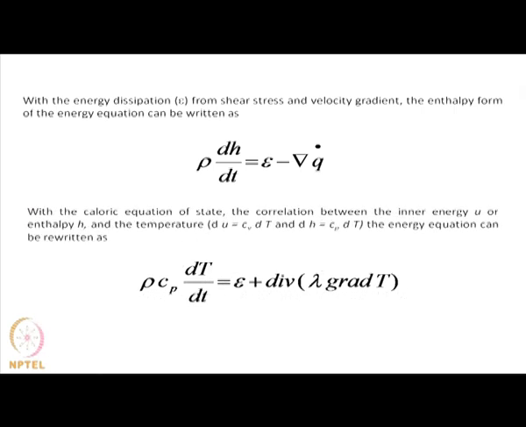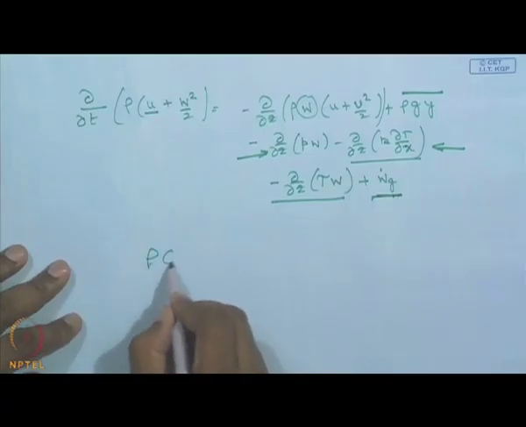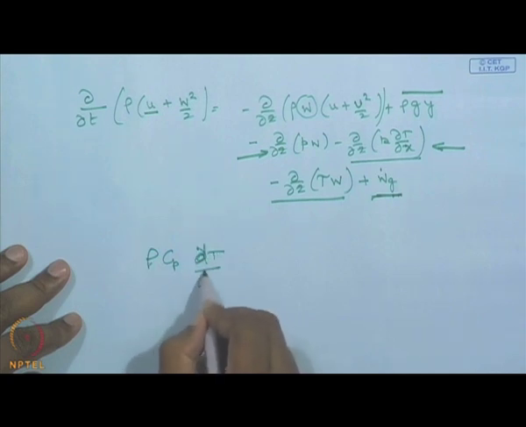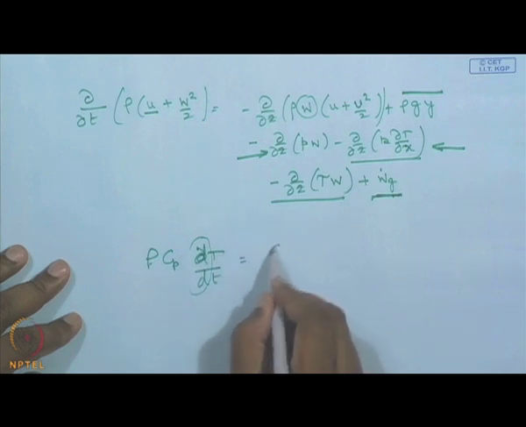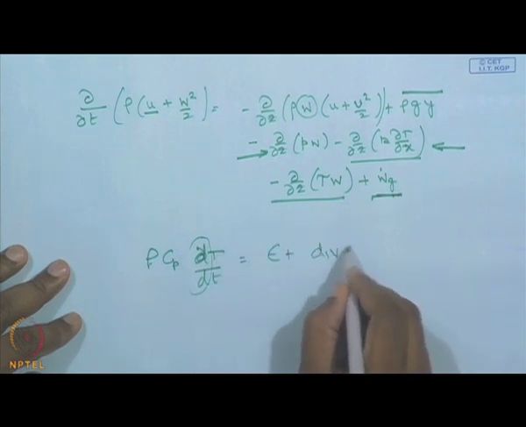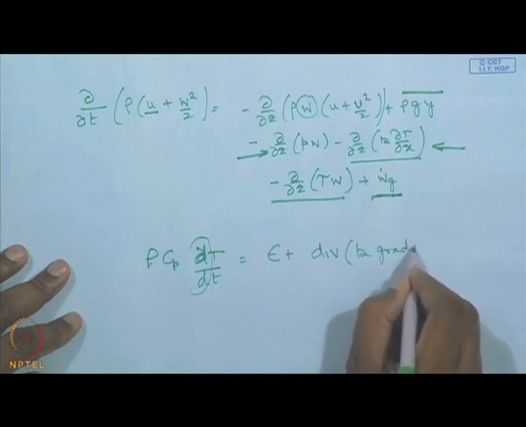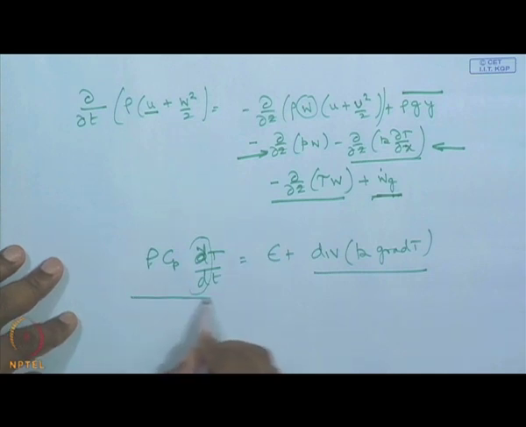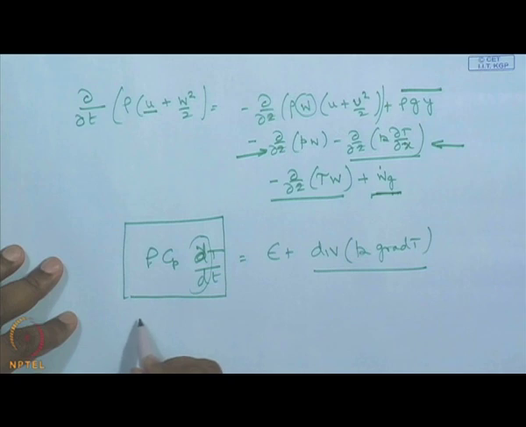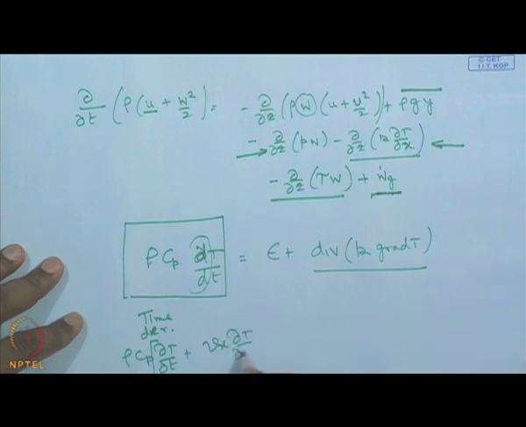Now if we try to get a more meaningful equation, which is more common to us, we can write it as rho Cp DT by Dt, these are substantial derivatives, equal to epsilon plus divergence of K times gradient of T. So this is the conduction, and since this is a substantial derivative, we have the time derivative as rho Cp del temperature over del time, plus we have Vx times del temperature over del x plus Vy times del temperature over del y, and so on.